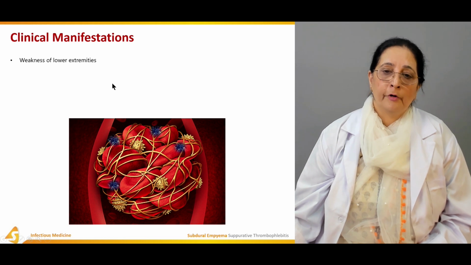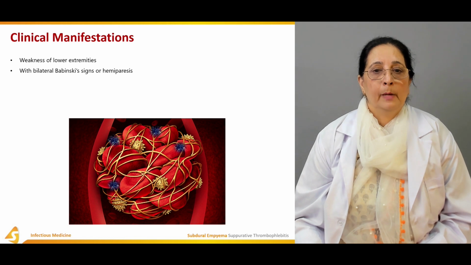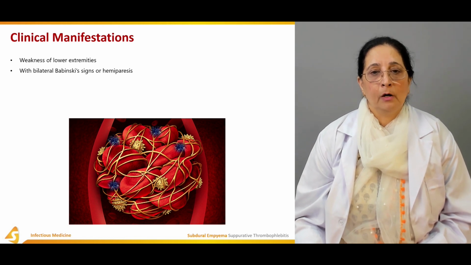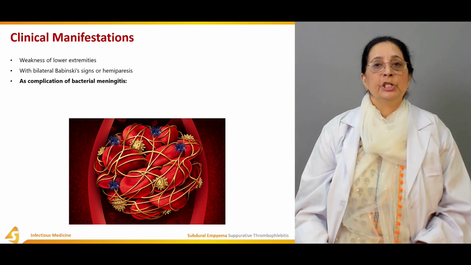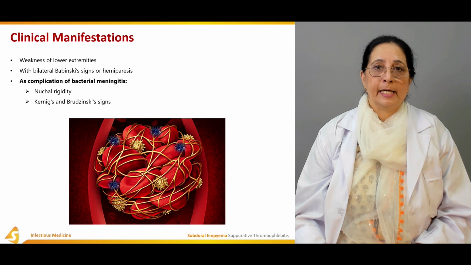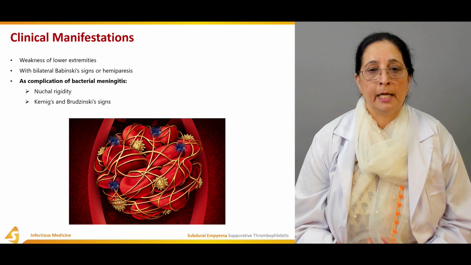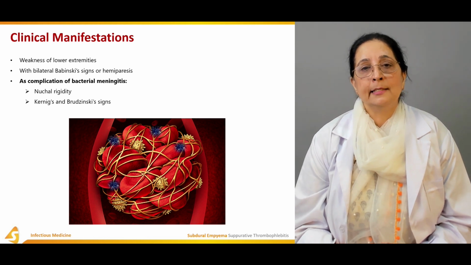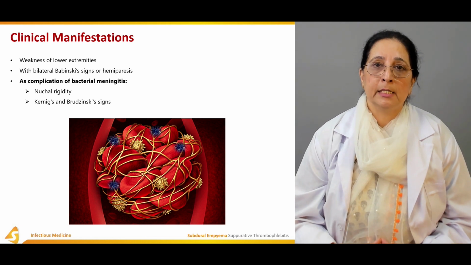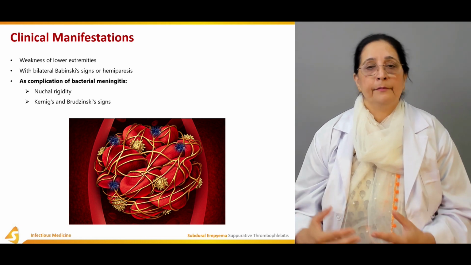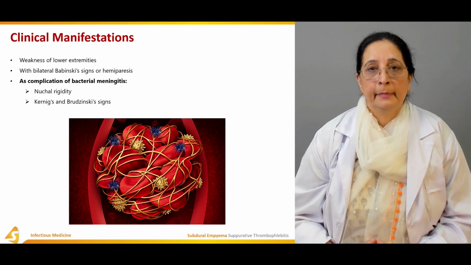Weakness of the lower extremities is also present, with bilateral Babinski sign or hemiparesis. As a complication of bacterial meningitis, neck rigidity and Kernig and Brudzinski signs, characteristic of meningitis, are also present.